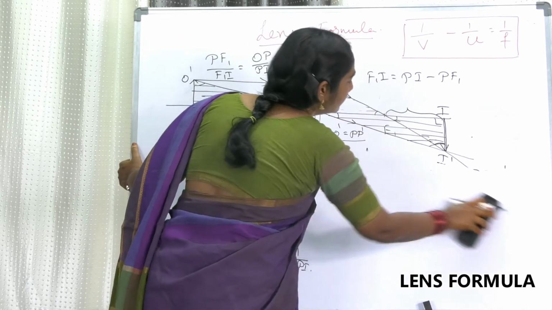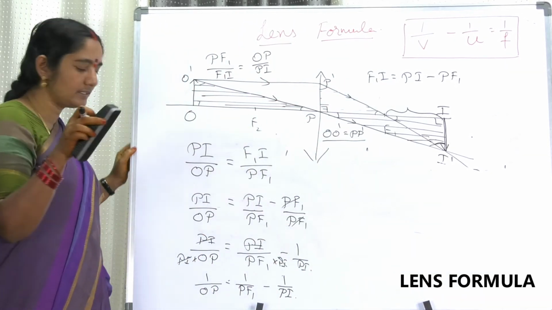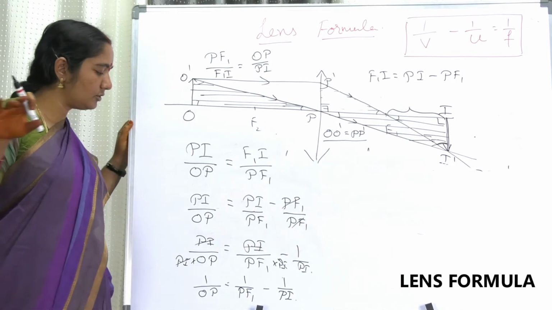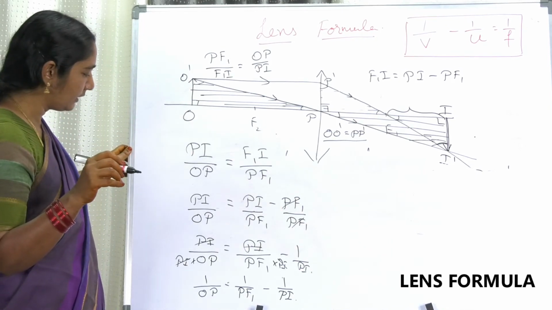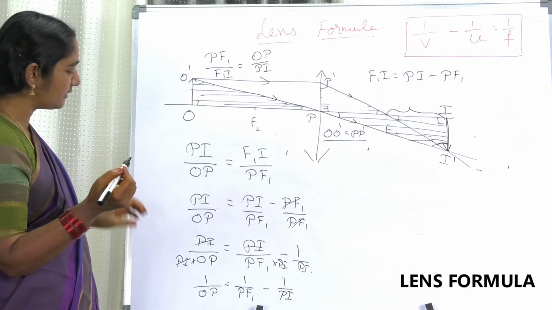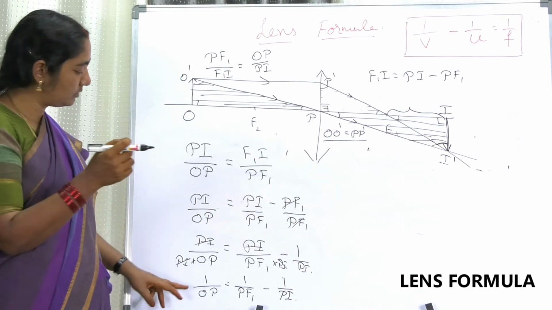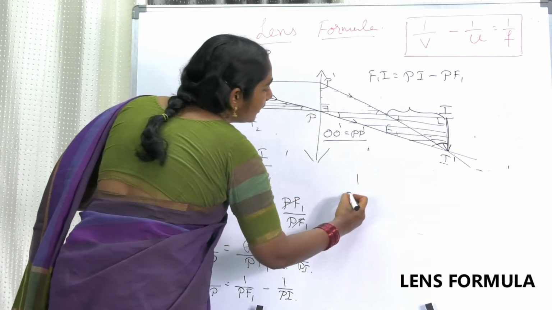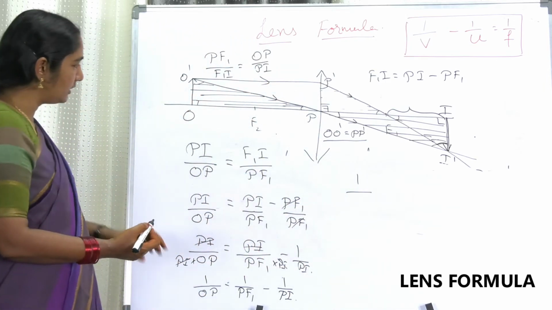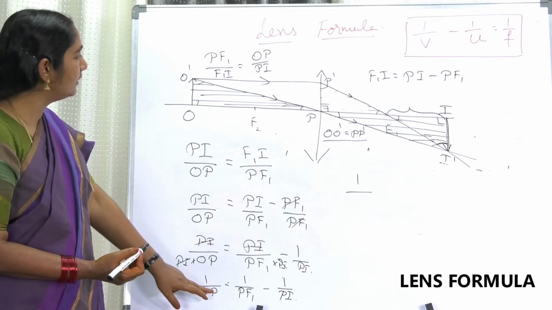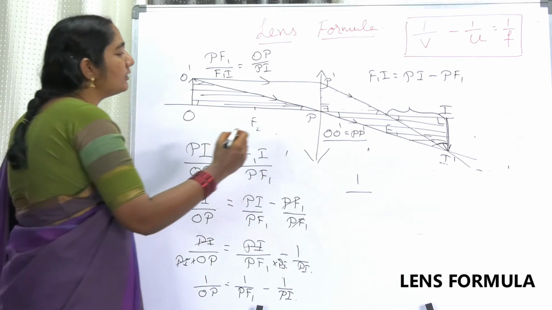Now let us use the sign convention. Let us use the sign convention also. So my dear friends, let us follow till here. So 1 by OP, please try to see here. What is the sign convention here?